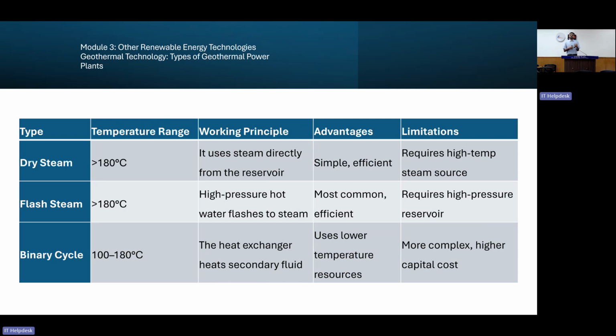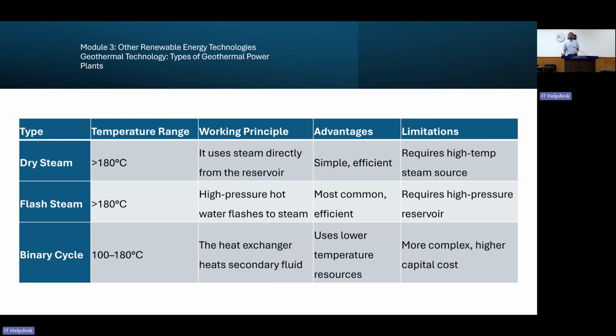This geothermal technology is also subdivided into three parts: dry steam, flash steam, and binary cycle. The flash steam cycle has the advantage of being the most common and a very efficient process. However, it requires a high pressure reservoir.